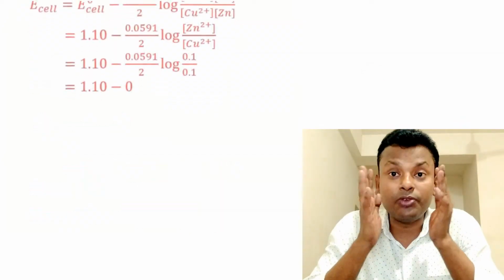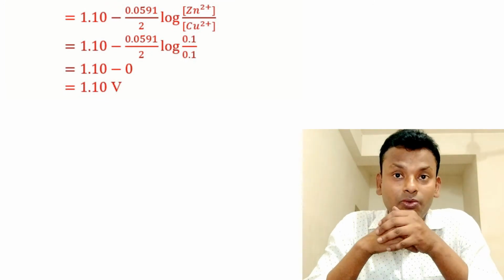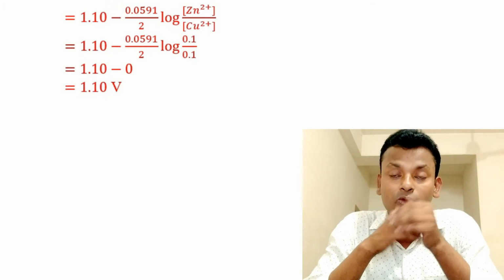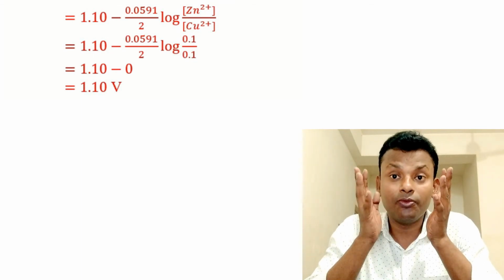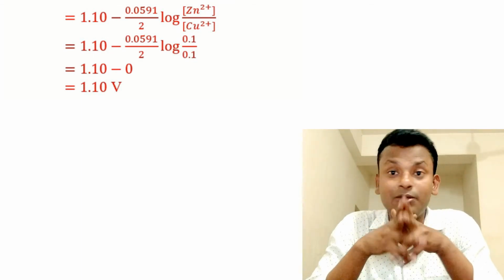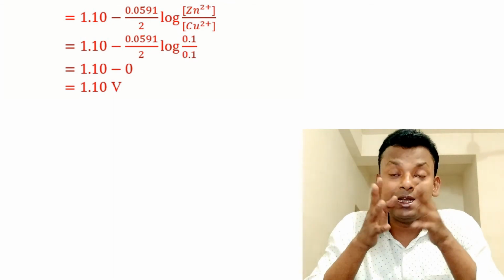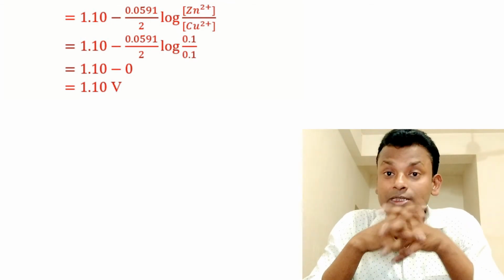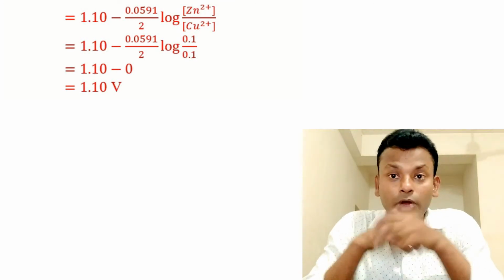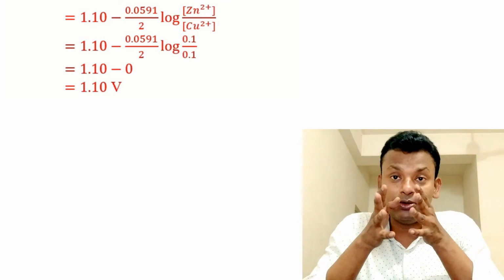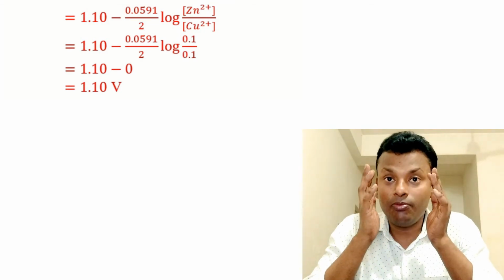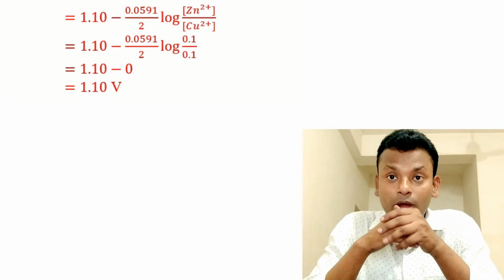So putting the value of E0 cell, that is 1.10 minus 0.0591 by 2, here number of change of electron equals 2, that is n equals 2, log Zn2 positive by concentration of Cu2 positive. So equals 1.10 minus 0.059 by 2 log 0.1 by 0.1, so they cancel each other, equals 0. So E cell equals 1.10 volt.